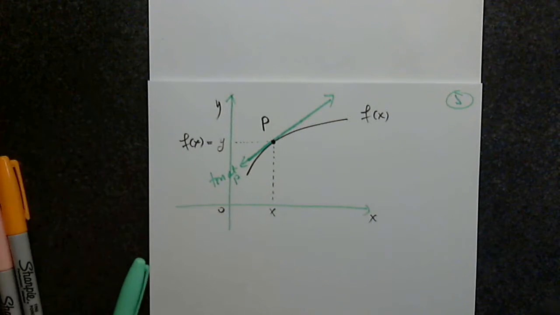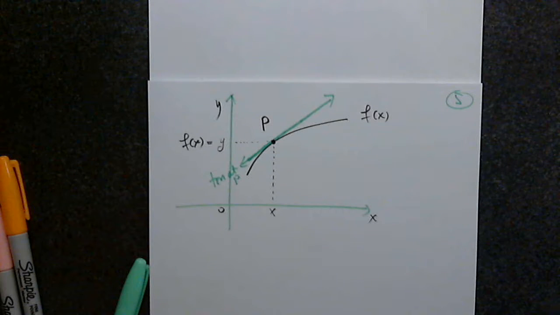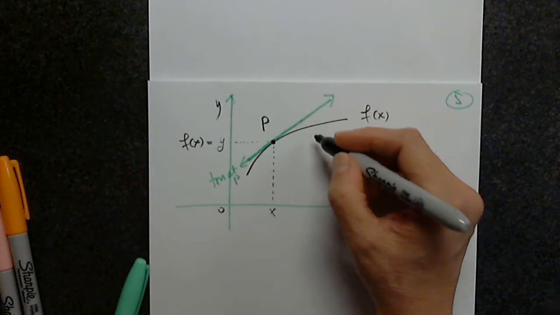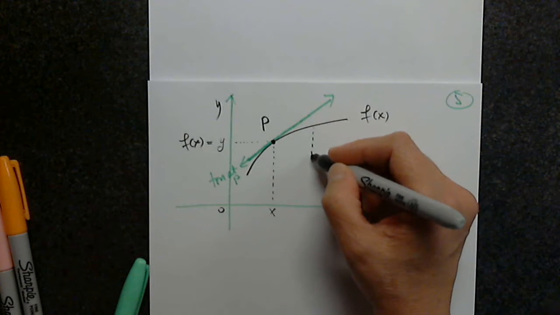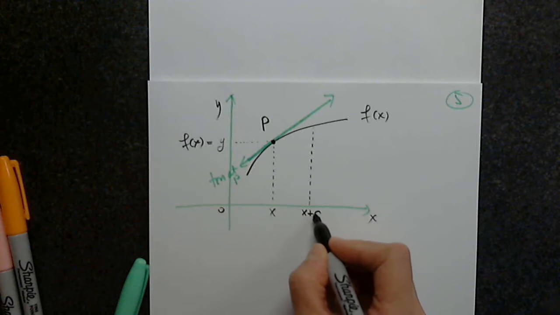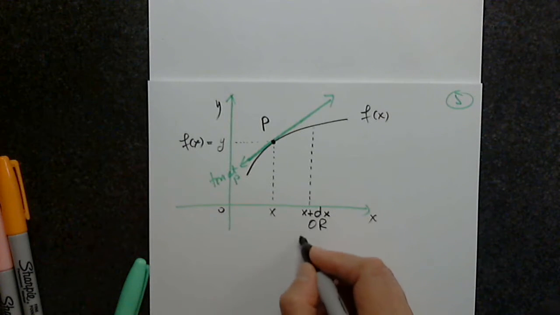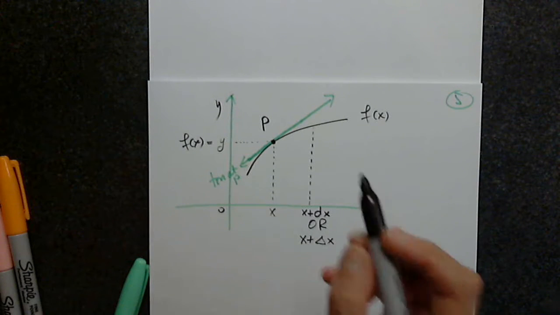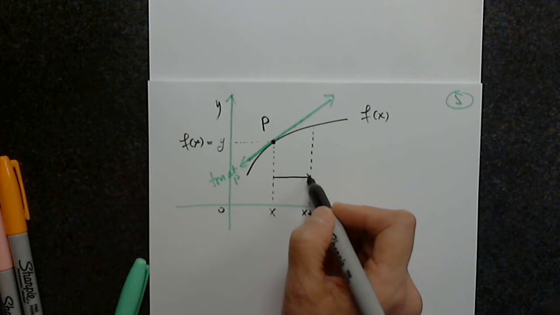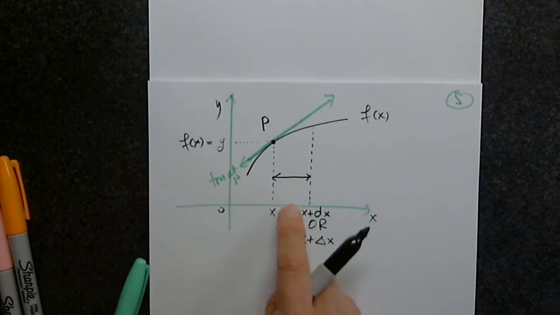And I'm going to say that there is an error. It will look huge, but it's a minor error, but I need huge to explain. So let's say we have x plus dx, or x plus delta x. What is this piece?